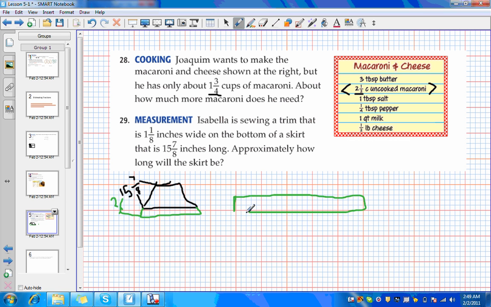So you're going to round that out to the nearest whole number. Then I'm going to add 1 1/8 inch. So that part that I'm going to add to the bar model is going to be much shorter. 1 1/8.